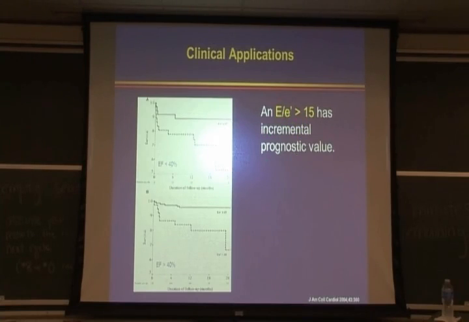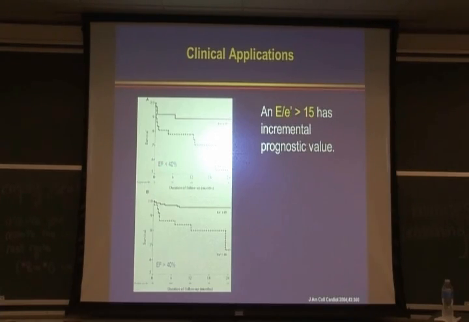Here is a patient who has decreased ejection fraction, meaning their heart is contracting less, so systolic dysfunction is there. But if they have normal diastolic pressure, their survival was better than those who have diastolic dysfunction, because their E to E prime ratio was more than 15.